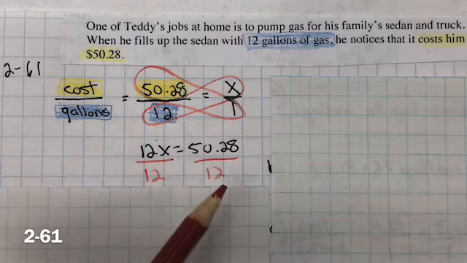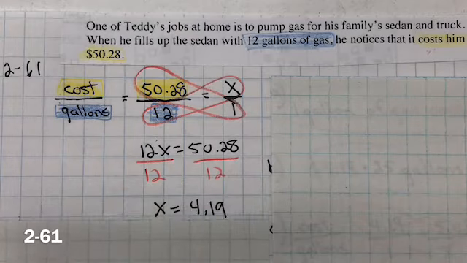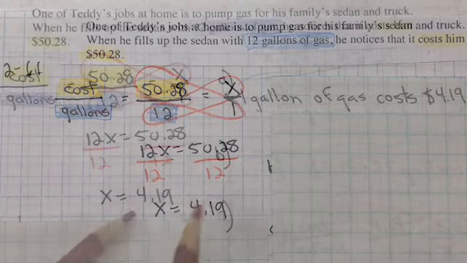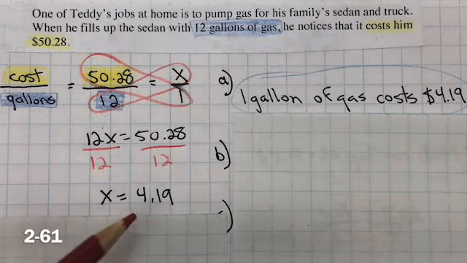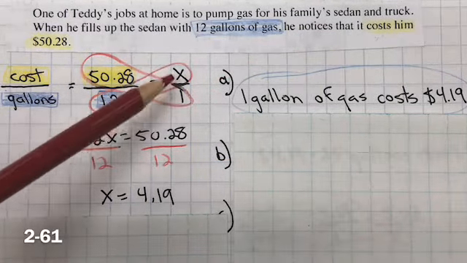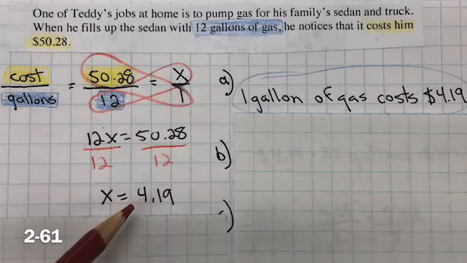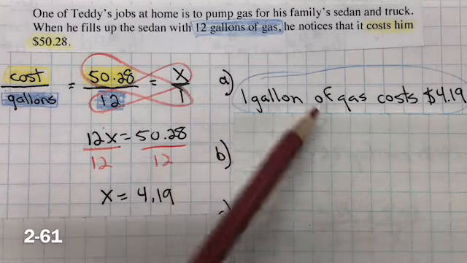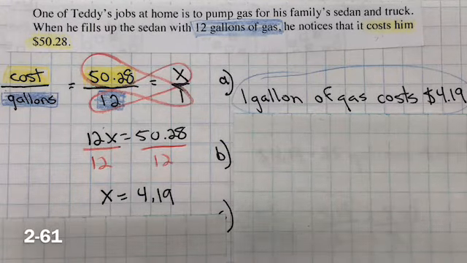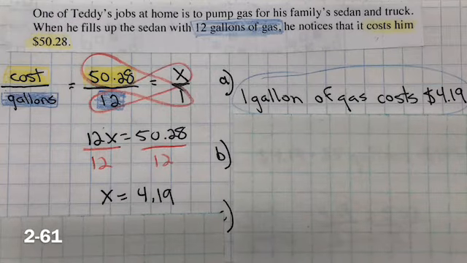And 50 and 28/100 divided by 12 is 4 and 19/100. So, now remember, x represents the cost for 1 gallon. So, 1 gallon of gas costs $4.19.